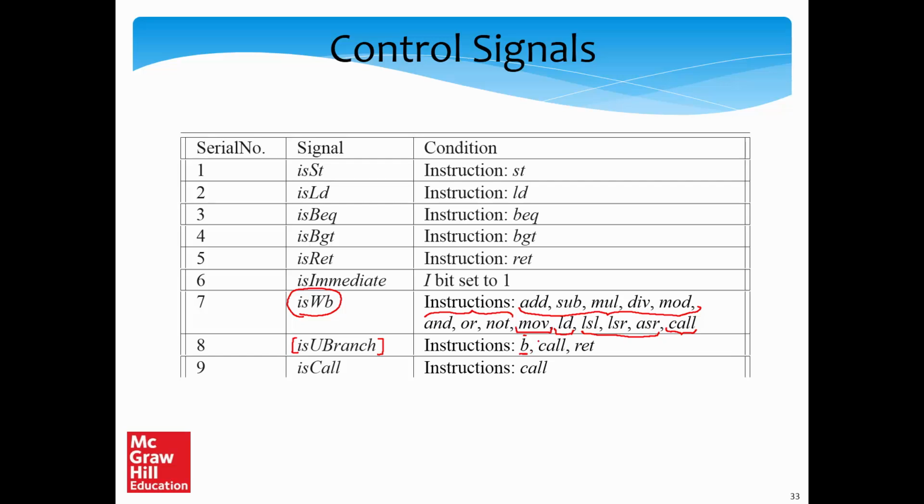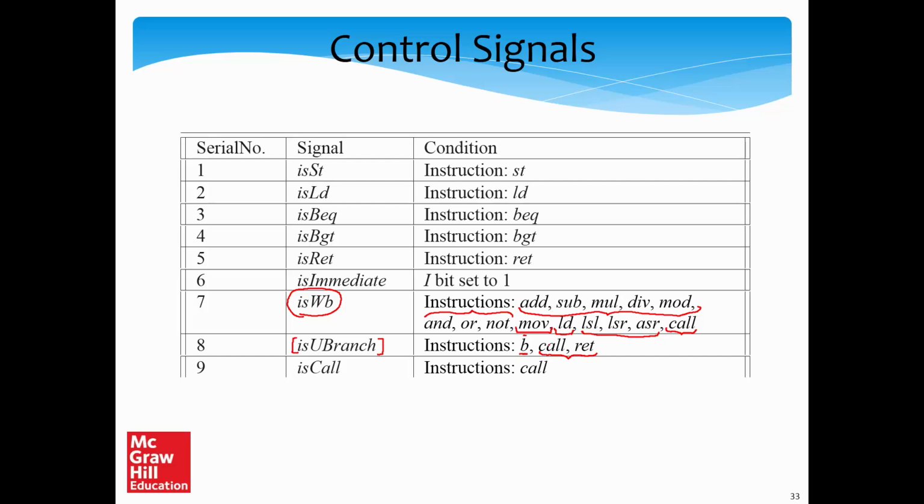B is for branch. So that will be covered. And this condition is also true when we have the call and ret instructions. So call and ret instructions are also unconditional branches, so these instructions also come in that.